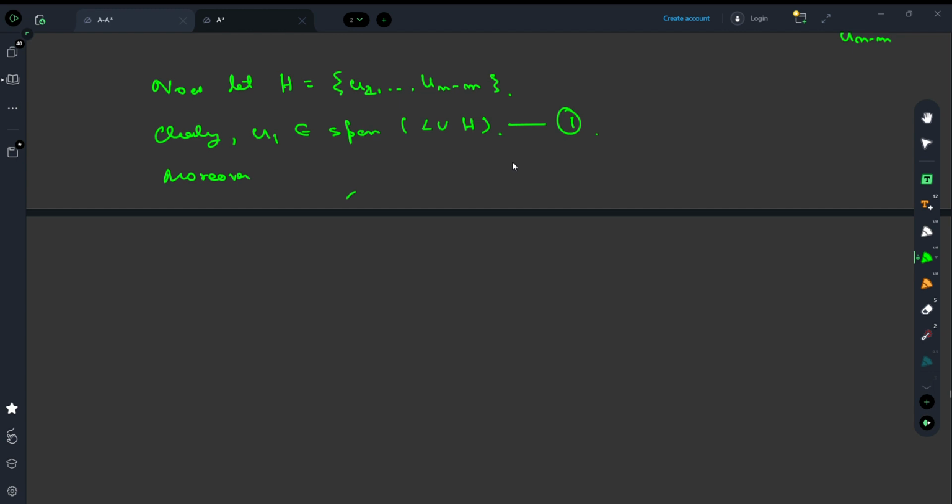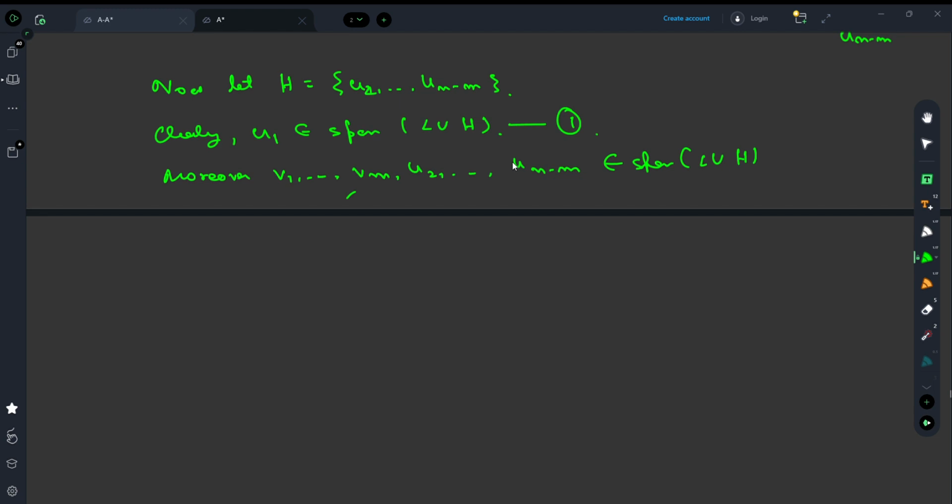Moreover, clearly the way L and H have been chosen, each of the vectors v1 till vm, u2 till u_{n-m} are all in the span of L union H, because the vectors v1 till vm are themselves in L, and the vectors u2 till u_{n-m} are themselves in H, so individually they are in the span of L union H as well.